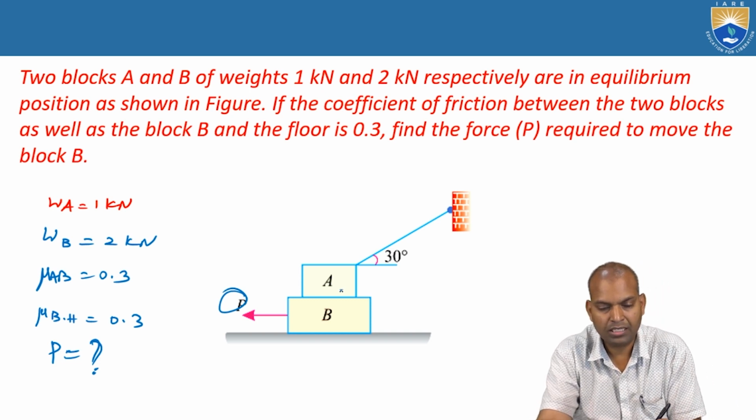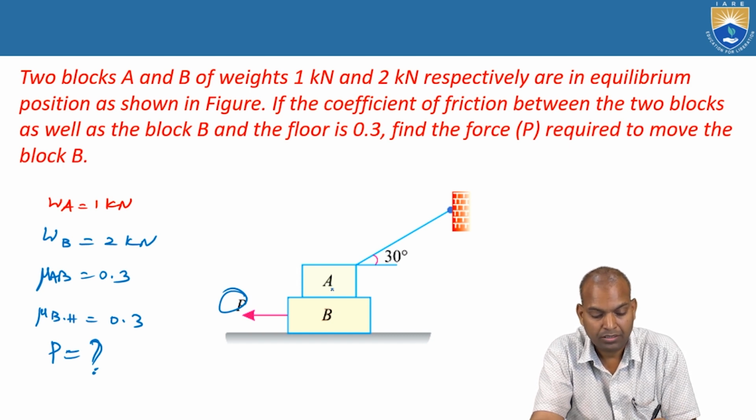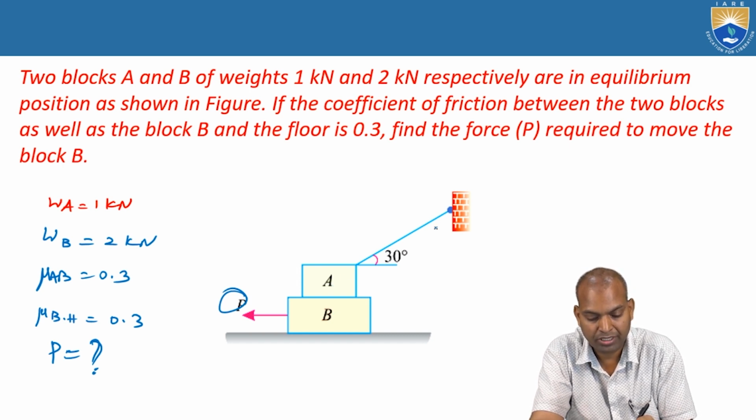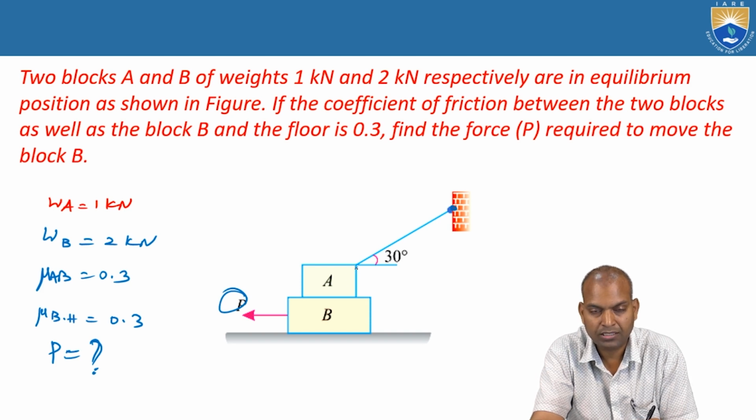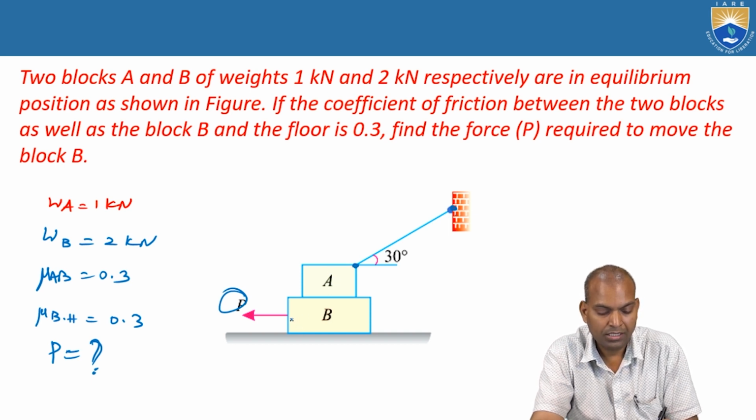Here is the description of the figure. The block A is connected to a string, one end of which is fixed to a wall and the other end attached to A. At point B, what is the coefficient of friction?